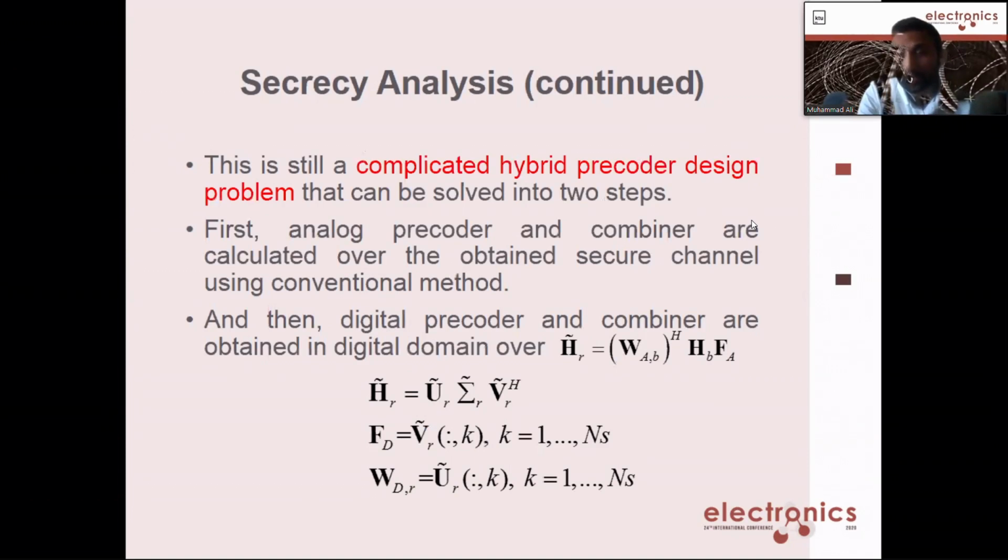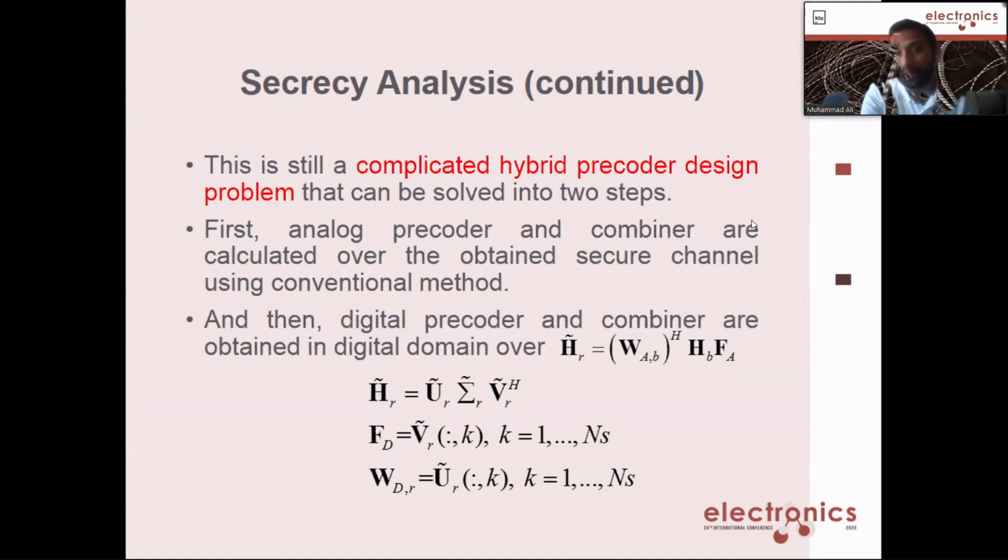However, this is still a complicated hybrid precoder design, because in this model we are dividing our procedure into two steps. First, we obtain the analog precoder and combiner using the conventional method based on this secure channel.